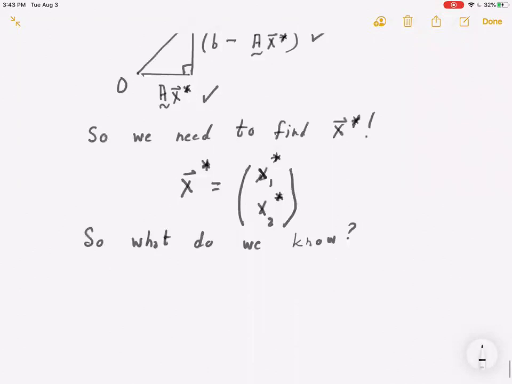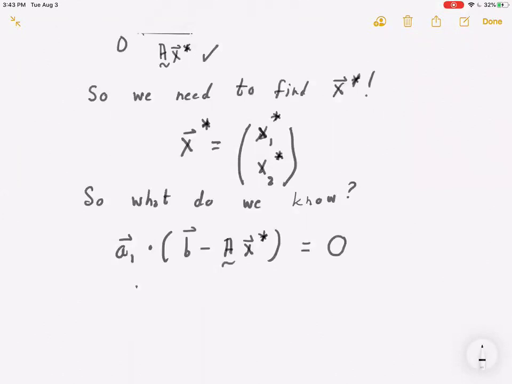We know that B minus A X asterisk has to be orthogonal to all the vectors in the plane. In particular, it's orthogonal to A sub 1.